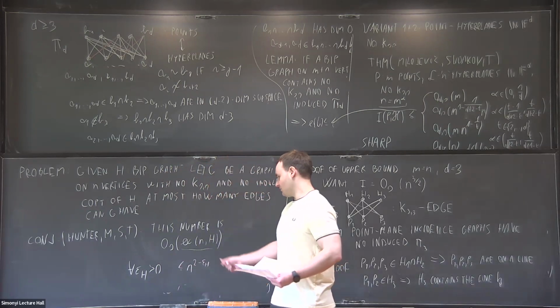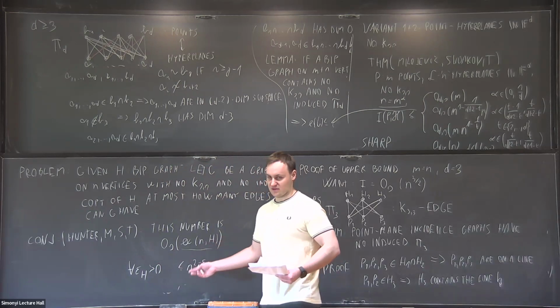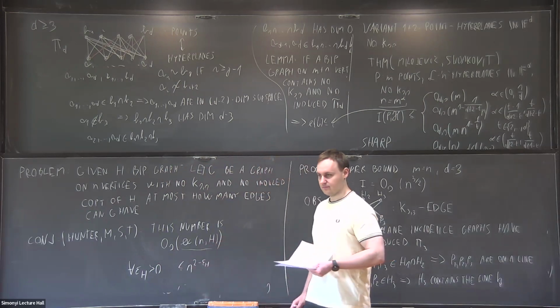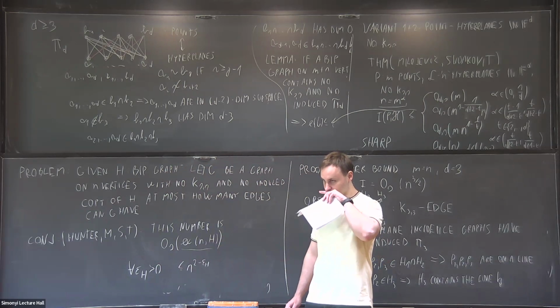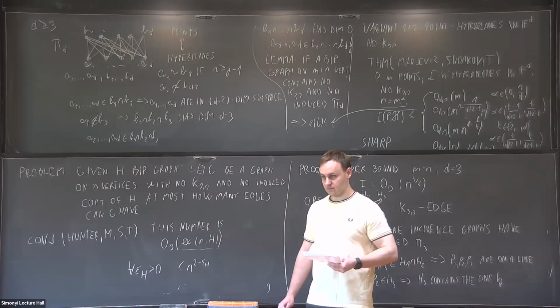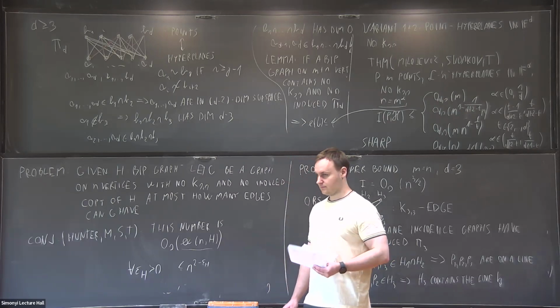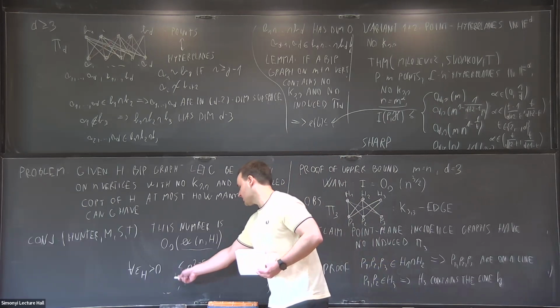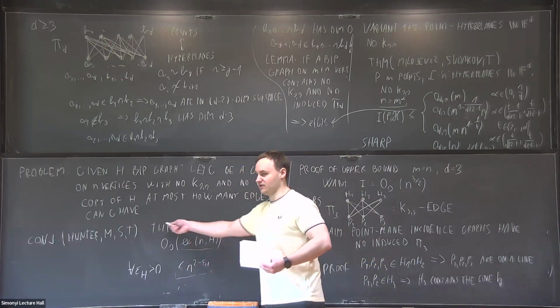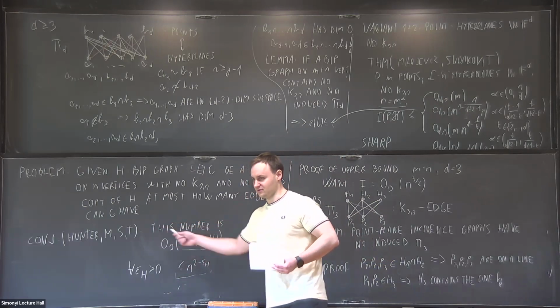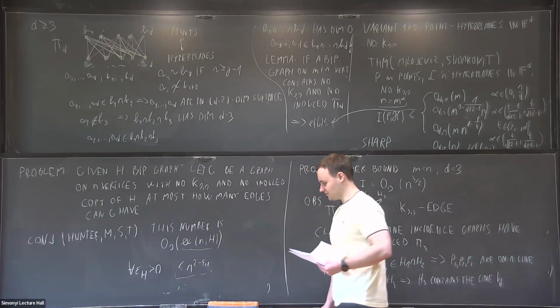So we know that H should really control this number. For non-bipartite H, this number is known. The only unknown case is when H is bipartite. Yes, but what I mean by this is not just the extremal number, but this number as well. So both of these are, yeah.